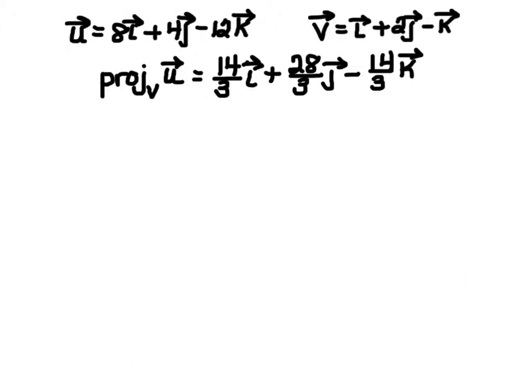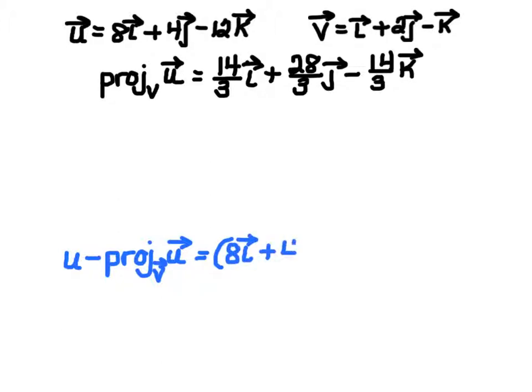Now we need to find the vector that's perpendicular to V. And to do that, we want to take U, and from U we want to subtract the projection of U onto V, which we have calculated, and I've listed it above. And so U is 8i plus 4j minus 12k.